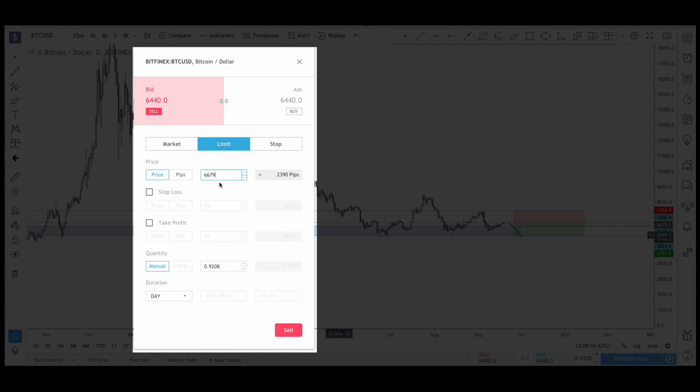I'm going to have a stop loss and a take profit, and I'm going to do those in price, not pips. Pips are your price interest points, so as it increases or decreases, it moves in pips. But I'm just going to go from price. So my stop loss is on the top blue line here, 7456.